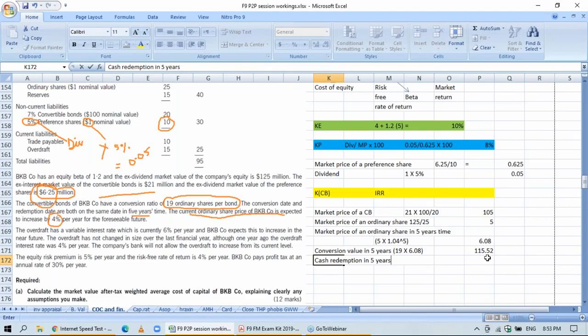So what should he do? Whether he should obtain cash or go for conversion. So obviously the bondholder will opt for conversion.